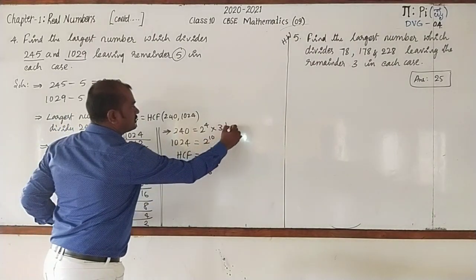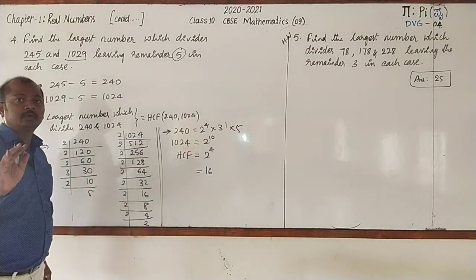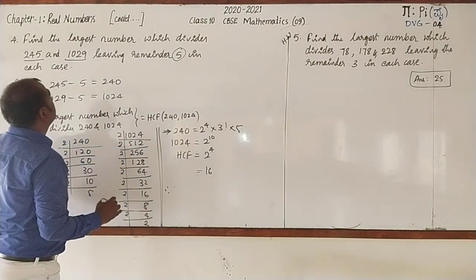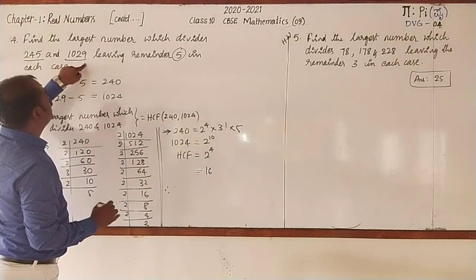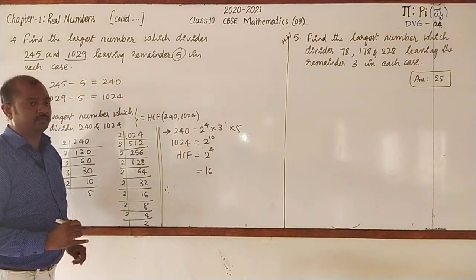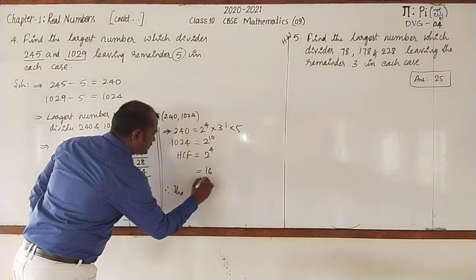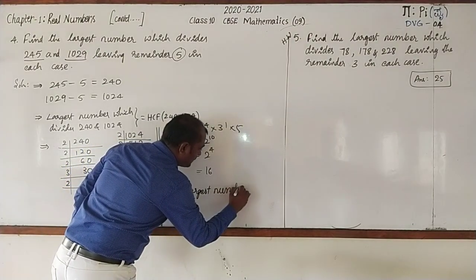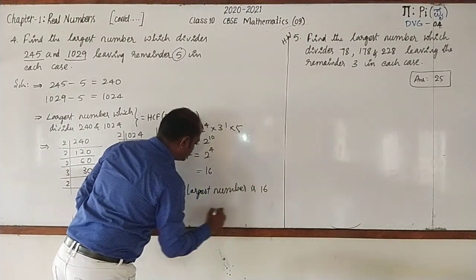So here 5 is also clear. So conclusion: therefore the largest number which divides these two, leaving remainder 5, is 16. The largest number is 16.